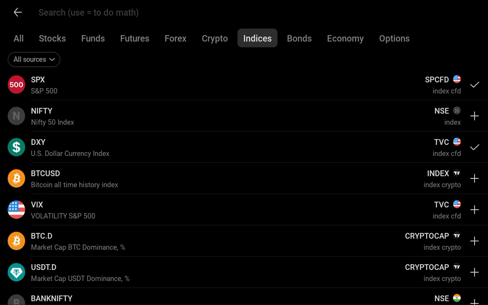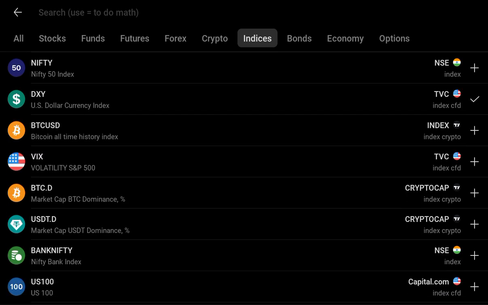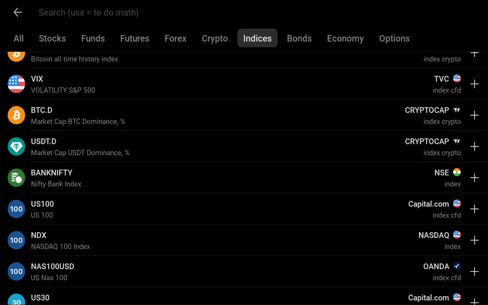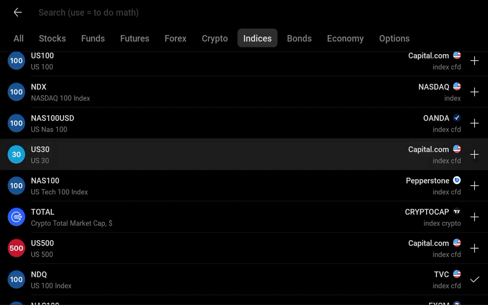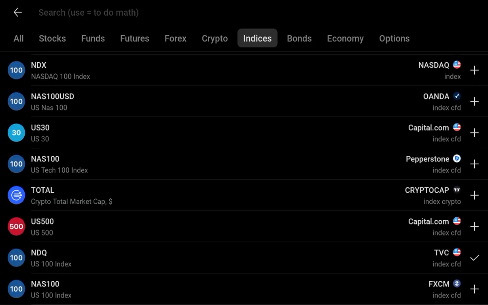Now these indices, you can see we have the DXY, if you are trading the United States dollar index. So the currency index, the DXY, you can decide to trade it. And we also have US 100, you can also decide to trade it. We have the NASDAQ, which is the United States companies, all those manufacturing companies. You can decide to trade NASDAQ. US 30 also, you can decide to trade it.